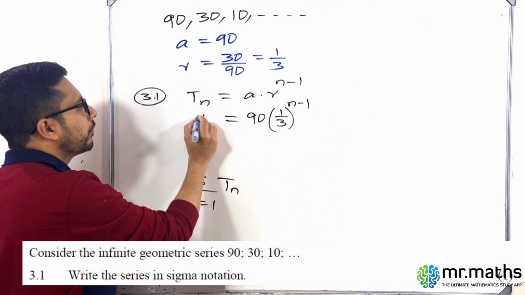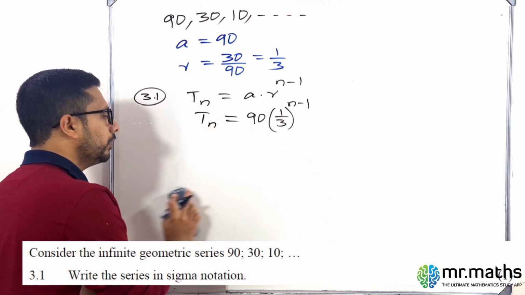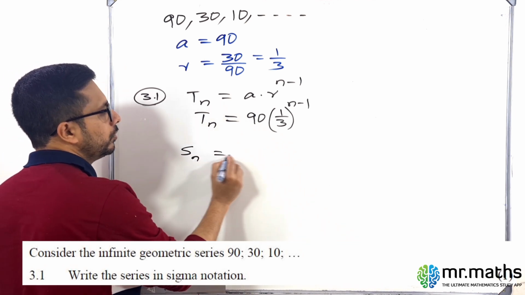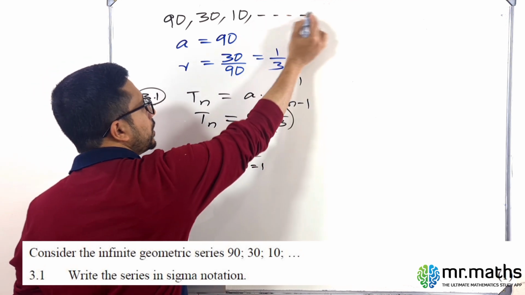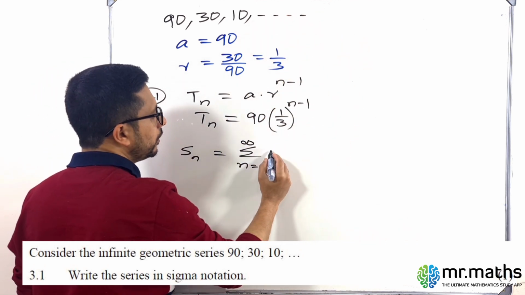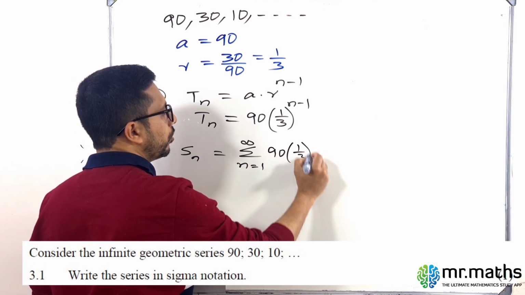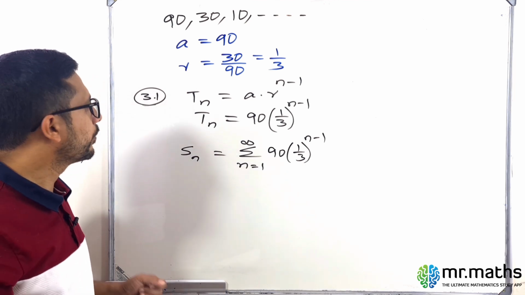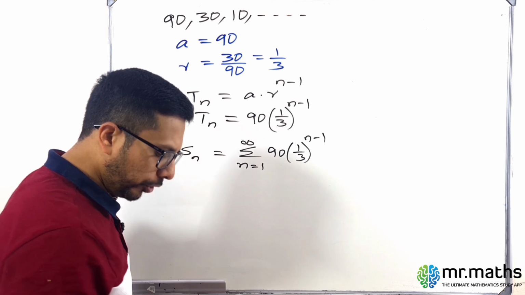Now we can write in sigma notation. Sn is equal to sigma n equals 1 to infinity, because it is an infinite series, of 90 into 1 over 3 raised to n minus 1, and that is in sigma notation. You understand? Okay, so that is question number 3.1.